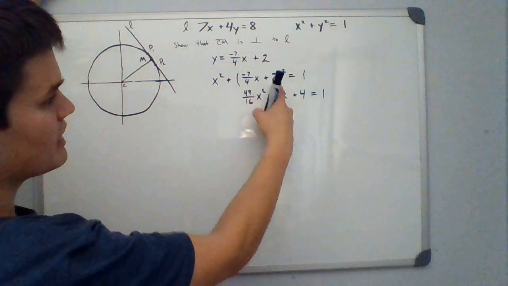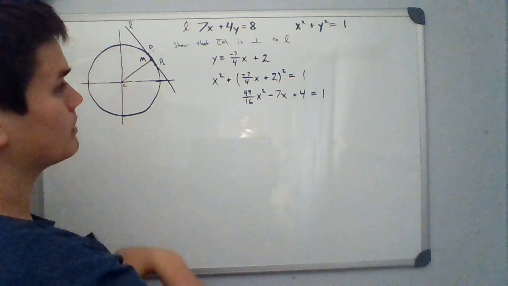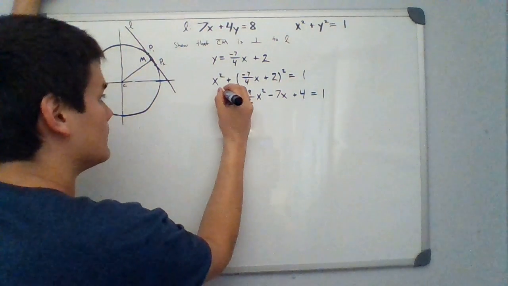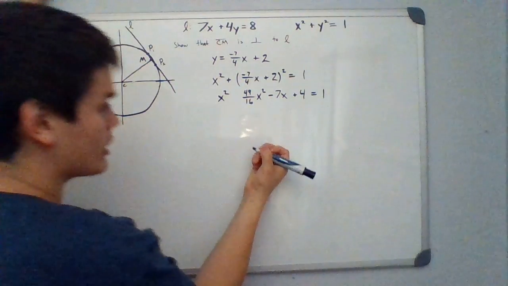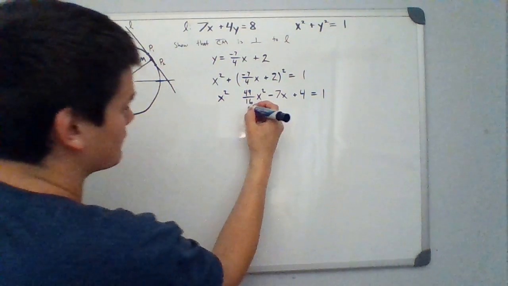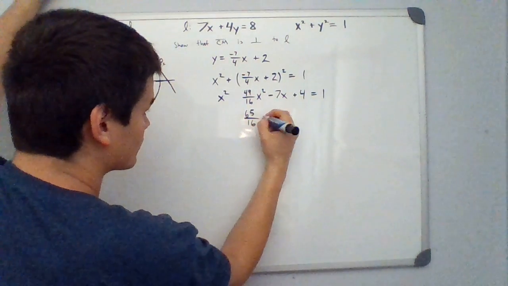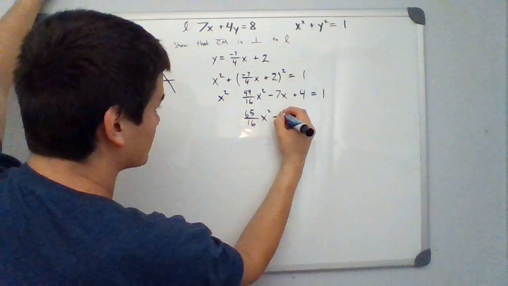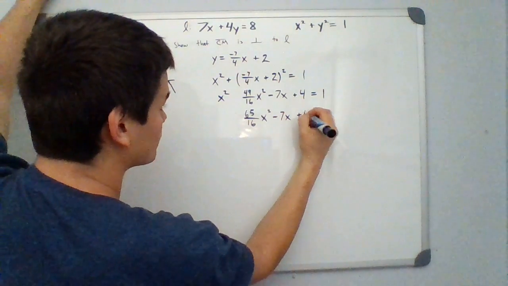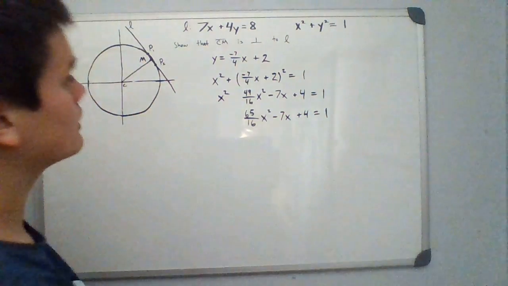If I were to expand that, that's what it would look like in its polynomial form. I still need to add x squared on there, and that's going to be 65 sixteenths x squared minus 7x plus 4 is equal to 1.